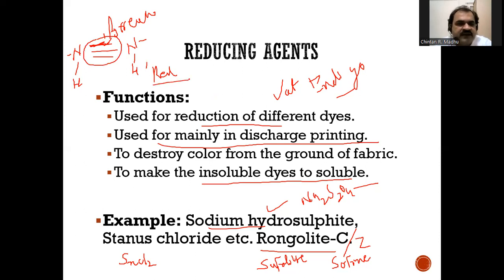That means your dye is still on your fabric, but it is colorless because it has lost a bond from its pair. So the double bonded structure is converted into a single bonded, colorless compound, which is known as reduction, where we add hydrogen and break the weak bond in the double bonded structure.